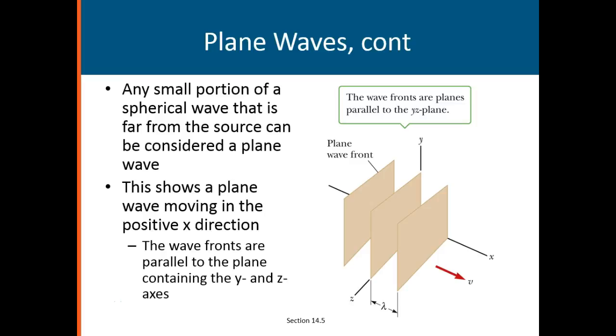If you're far enough from the source and taking a small enough portion, the distance between those is still your wavelength. The wavefronts are parallel to the plane containing the y and z axes, and they're moving away.